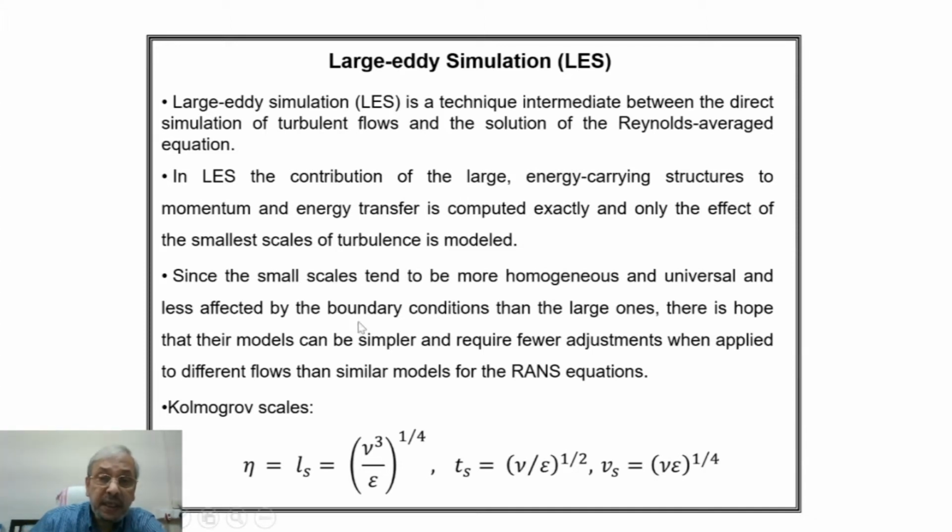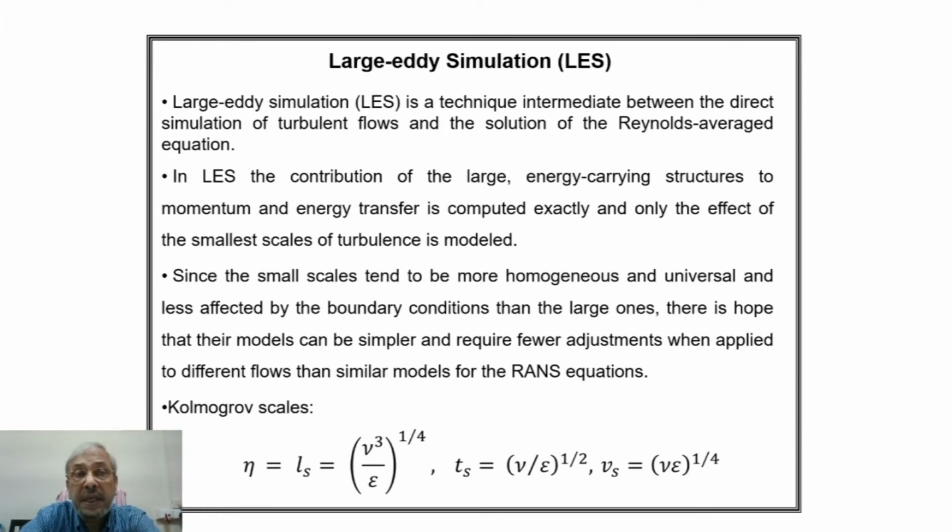Since the small scales tend to be more homogeneous and universal and less affected by the boundary conditions than the large ones, there is hope that their models can be simpler and require fewer adjustments when applied to different flows than similar models of RANS equations.